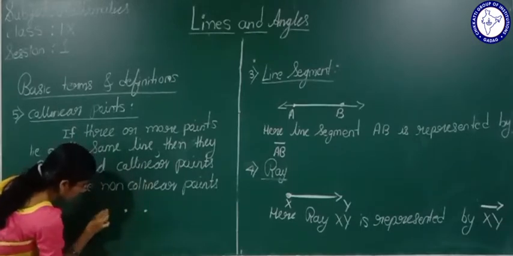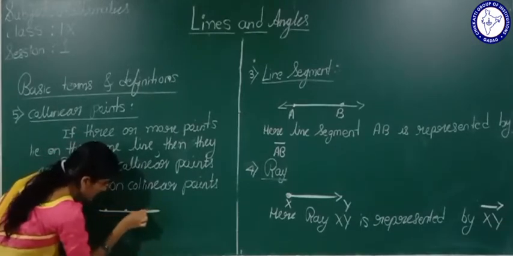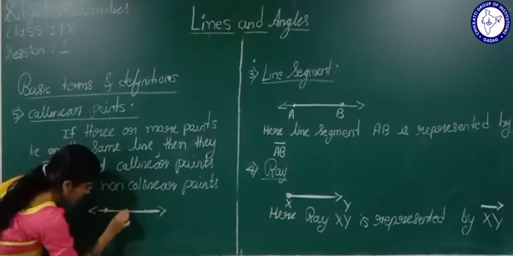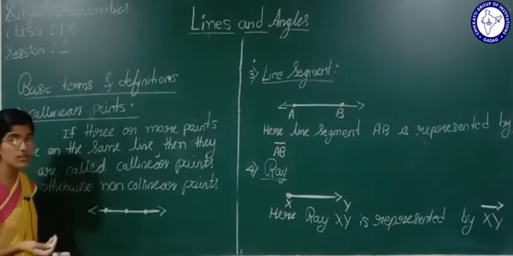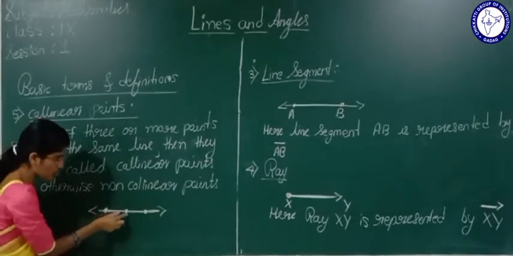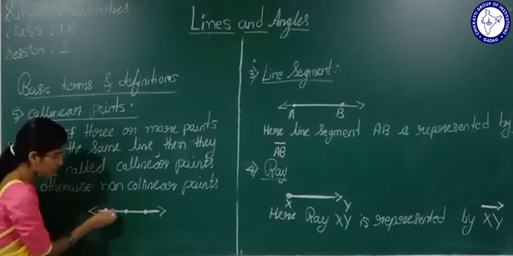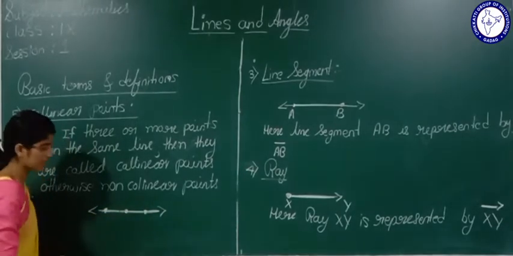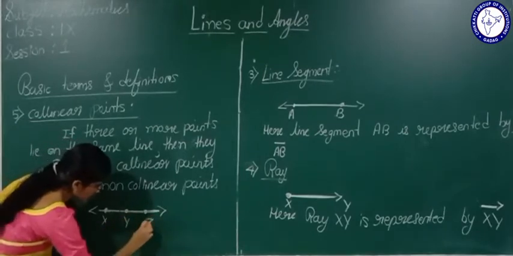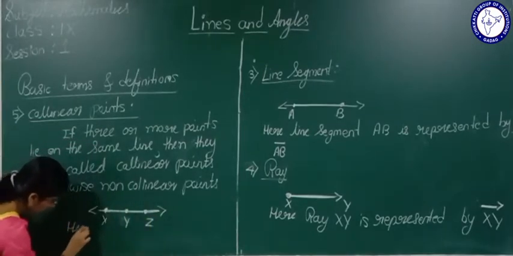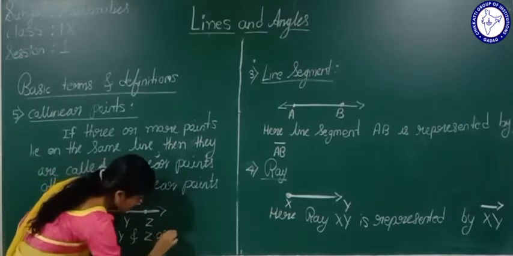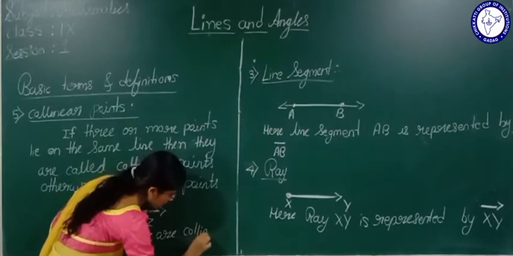If they lie on the same line, then these points are called collinear points. Here X, Y and Z are collinear points.